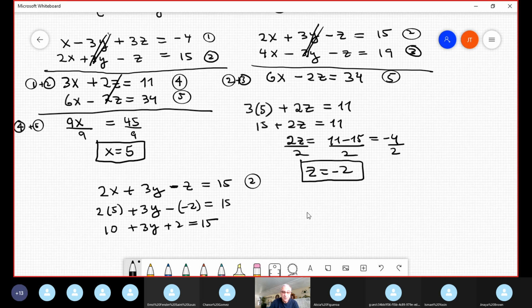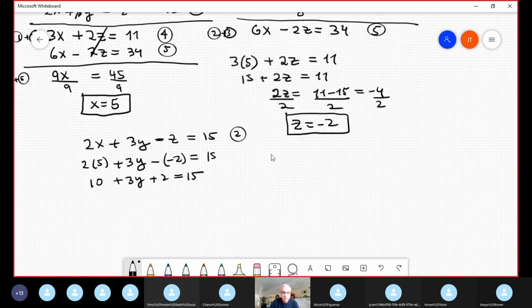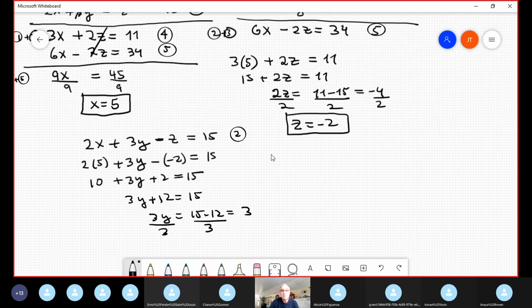Okay. We combine like that. 10 plus 2 is 12. 3y plus 12 equal 15. So for y, 3y is equal to 15 minus 12. Okay, 3 divided by 3. y equals 1.